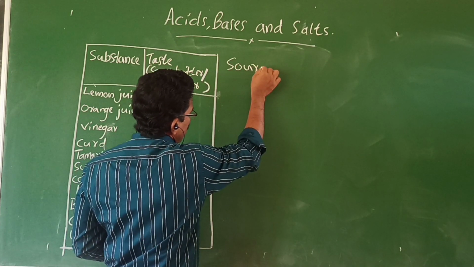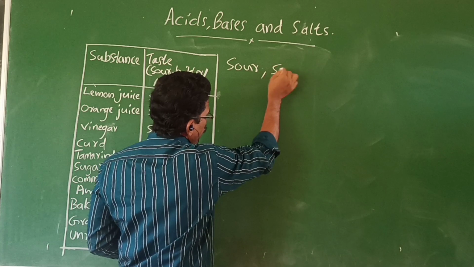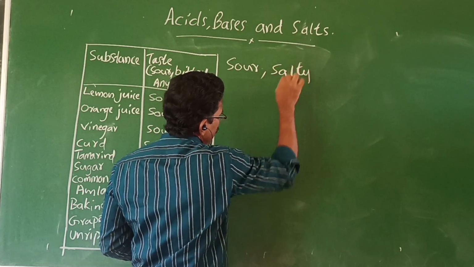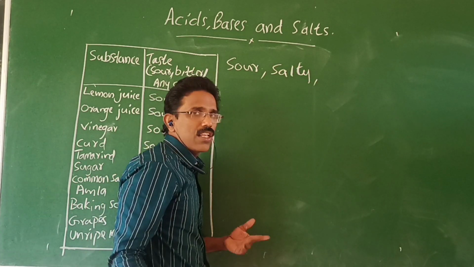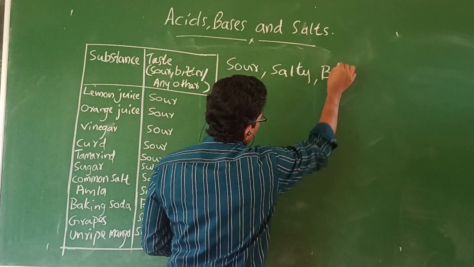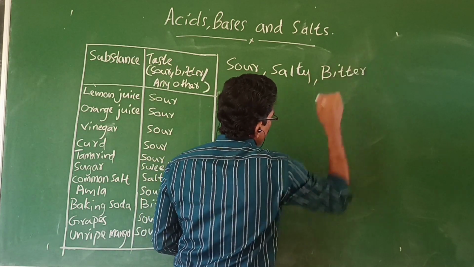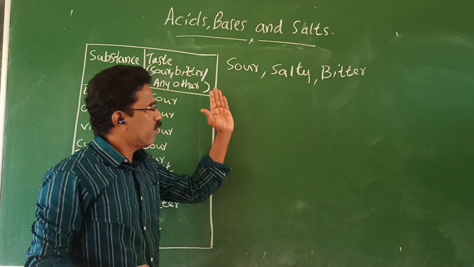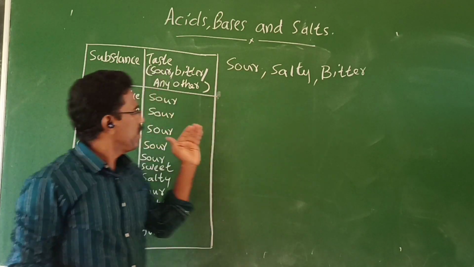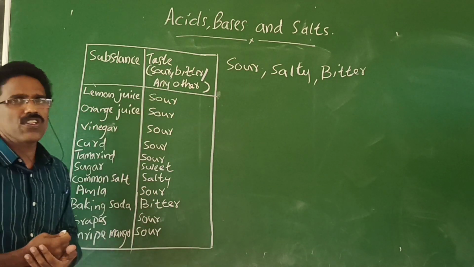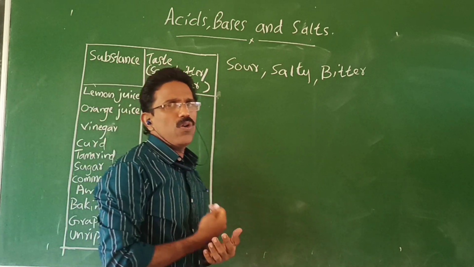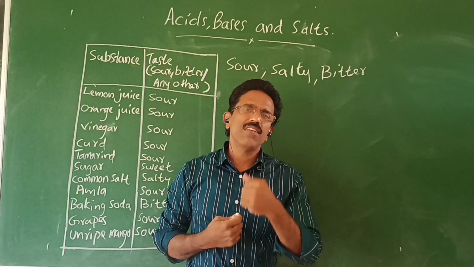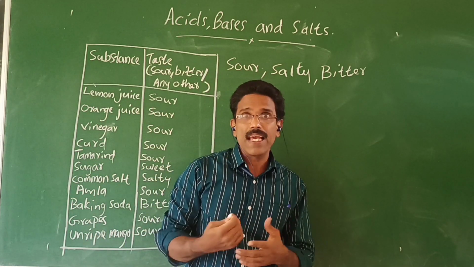Some food materials are sour in taste, some food materials are salty, and there are certain other food materials which are bitter in taste. And let us find out why some food materials are sour in taste. It is because these food materials contain certain chemicals.